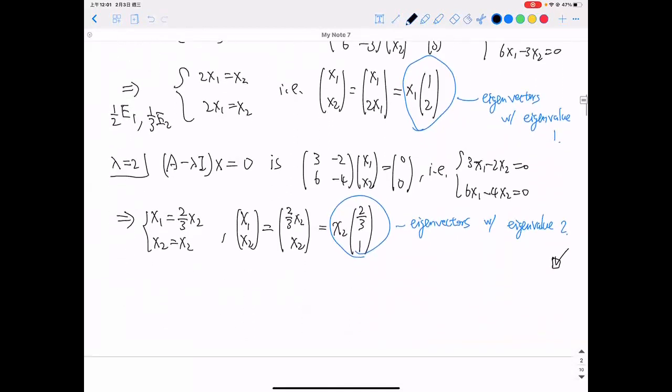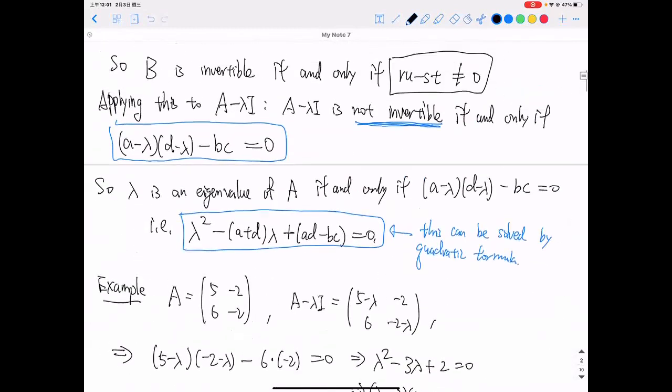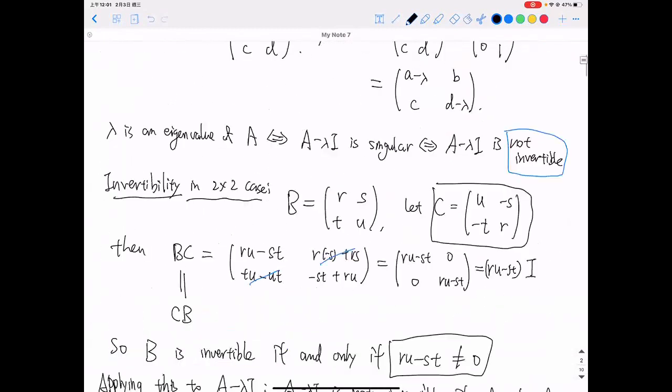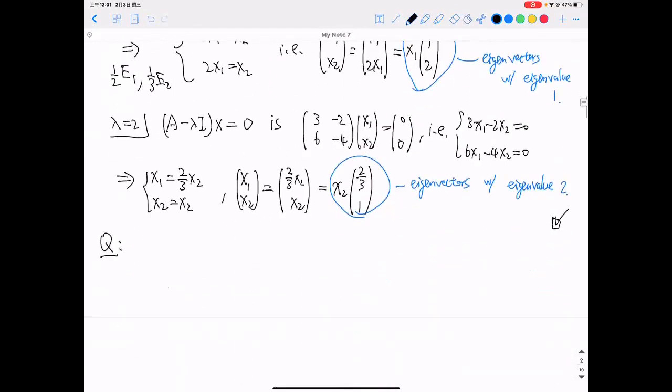So now, in the 2x2 case, the question is, as we've talked about, the issue in finding eigenvalues is to determine when A minus lambda I is invertible or not invertible.